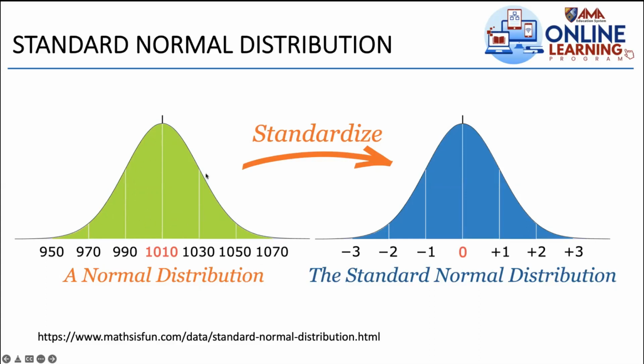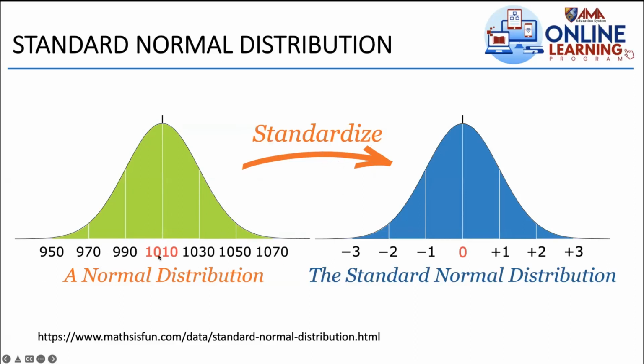You have a big data set ranging from 950 or even less to 1070 or more; the minimum and maximum are not shown, so I'm just assuming. That's your normal distribution. We can translate it into a standard normal distribution by standardizing.